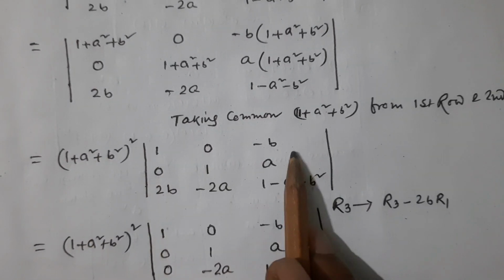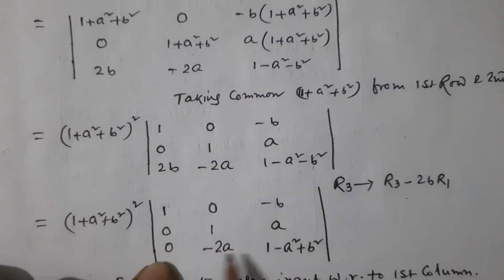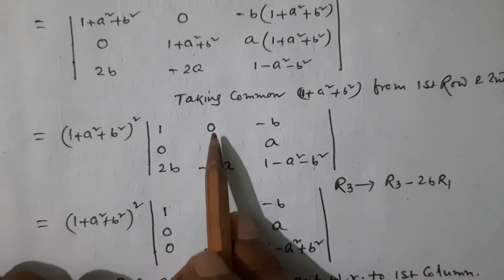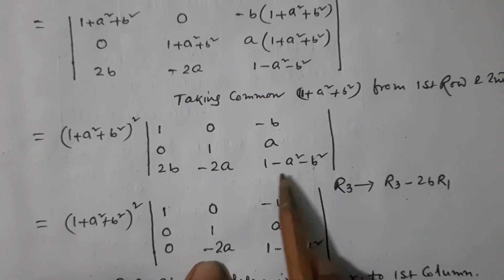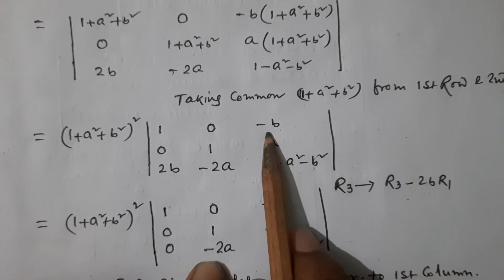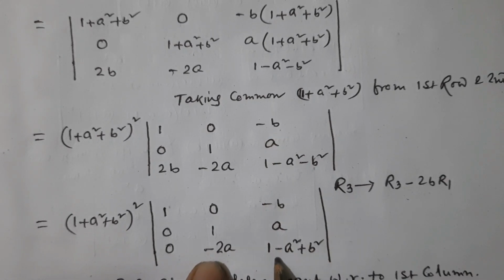The first and second rows are unchanged. In the third row, minus 2a minus 2b into 0 is minus 2a, and 1−a²−b² minus 2b into minus b, that is plus 2b², gives 1−a²+b².